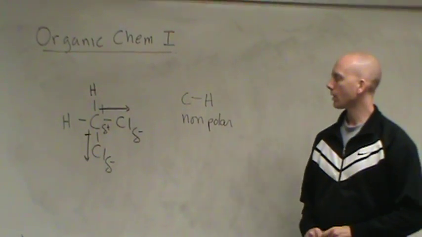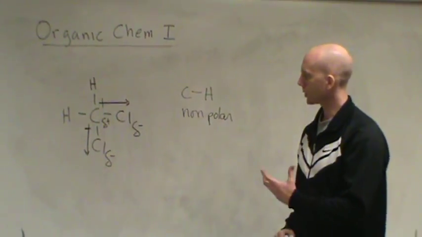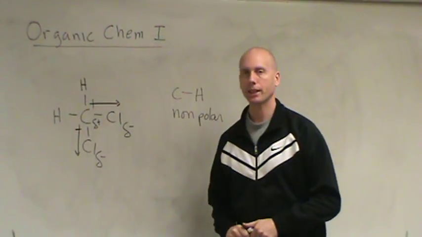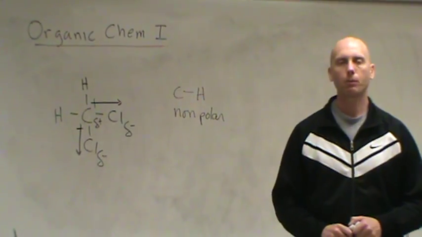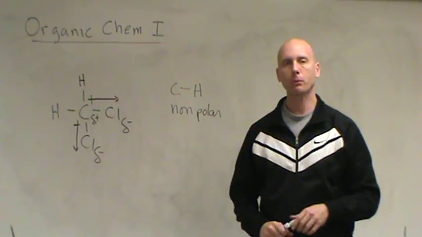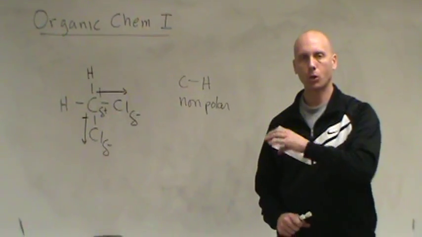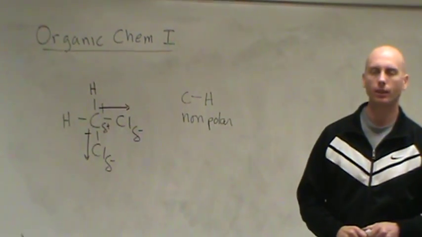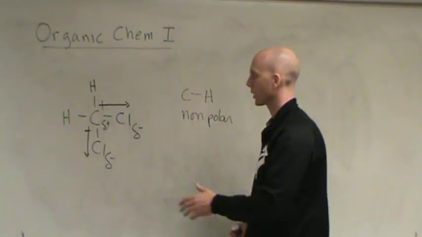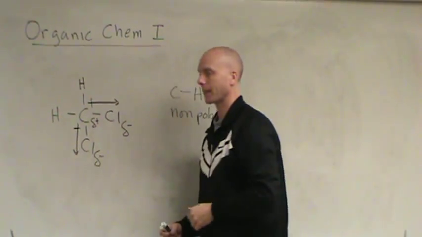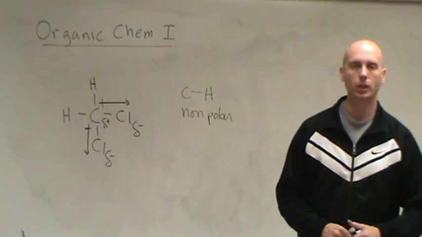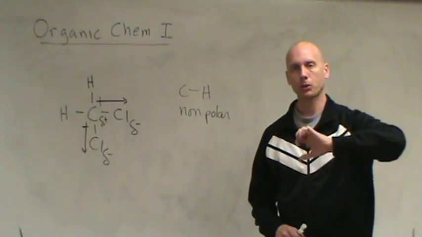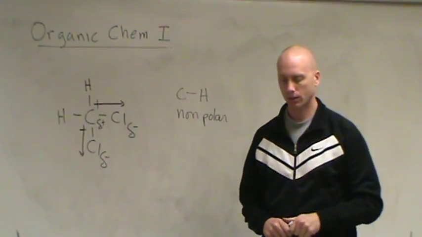Okay? So that is a review of electronegativity that you should have had in general chemistry. Make sure that you can draw dipole moments on bonds and partial charges on the different atoms. These will be very crucial when we get into chemical reactions of molecules that we'll see later on in things like chapter 6 and chapter 7. Okay?